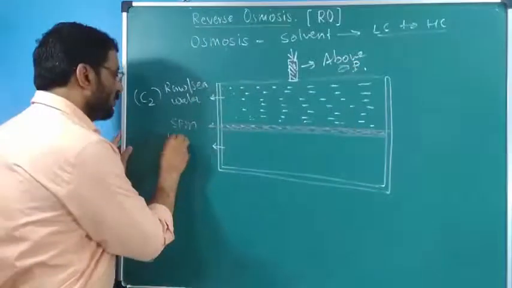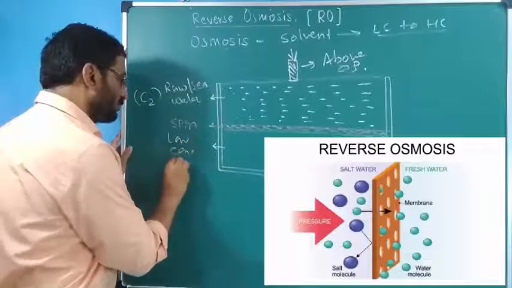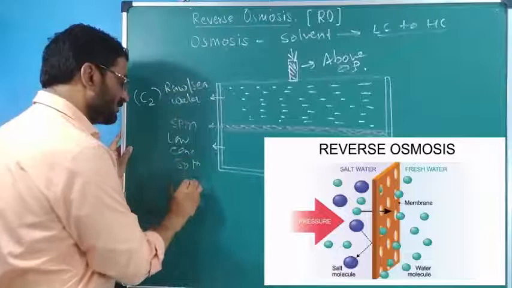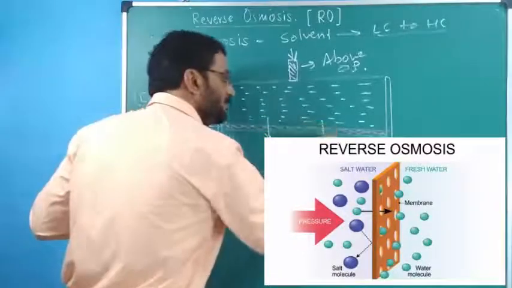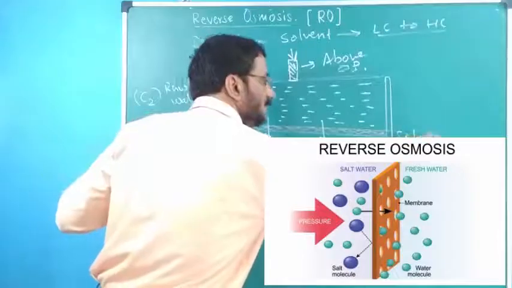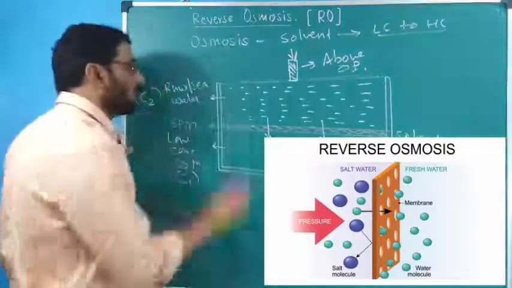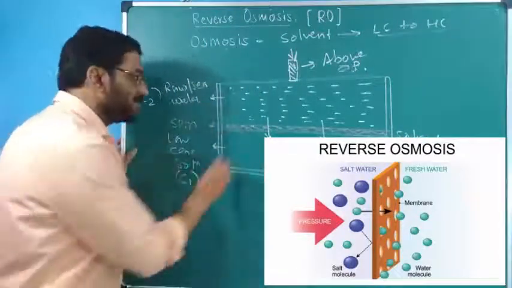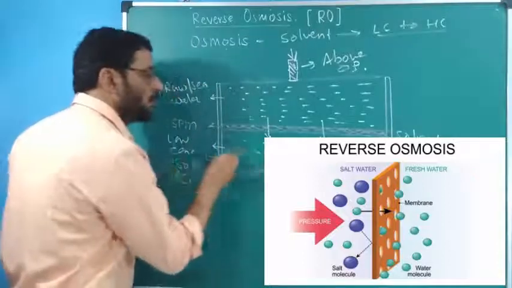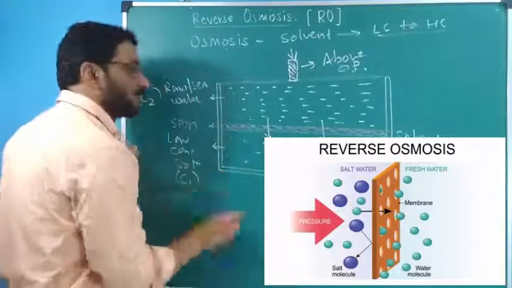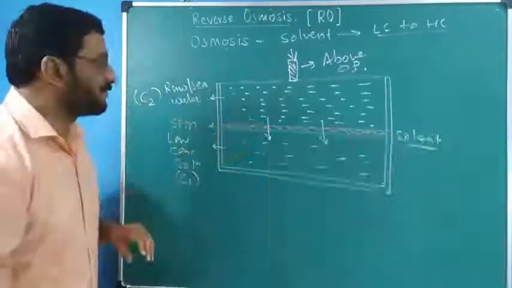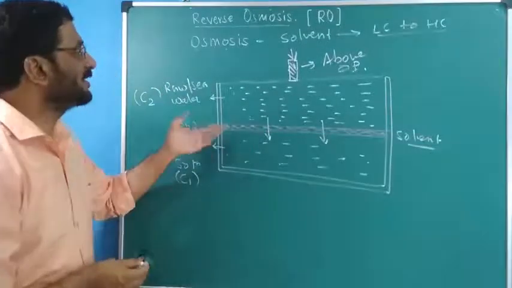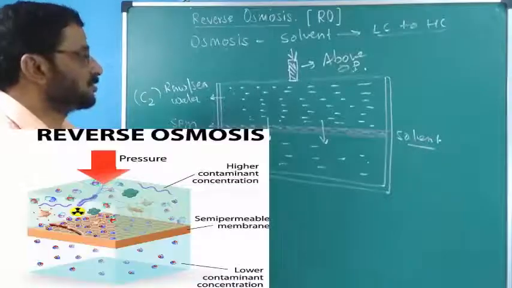This side is the lower concentrated solution, means water, C1. There will be a flow of solvent from the solution of higher concentration to the solution of lower concentration. We will get pure water here, water free from impurities. That is the technique we use in reverse osmosis.